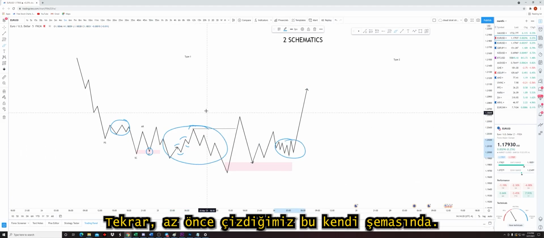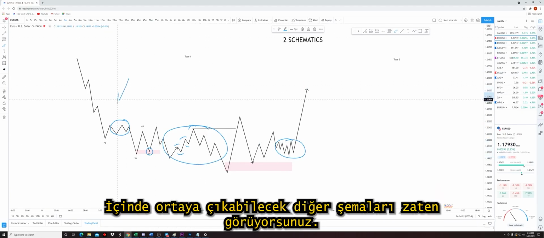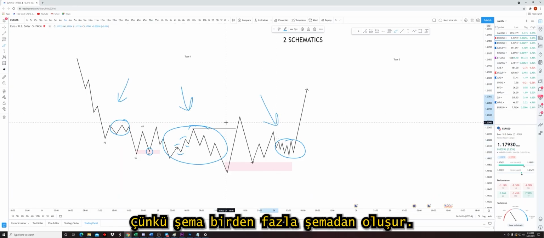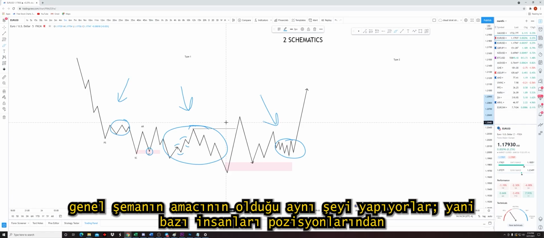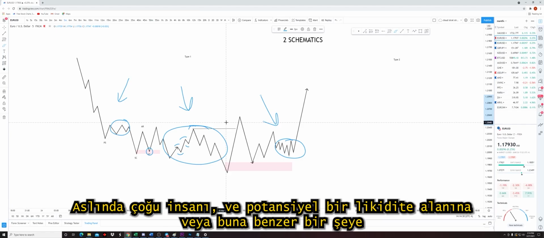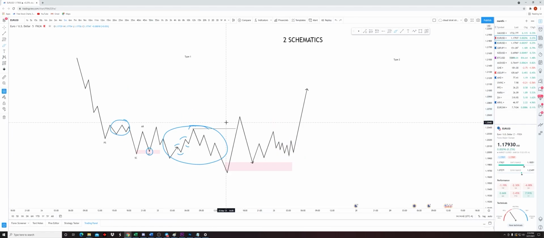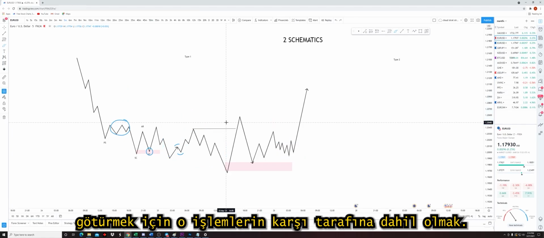Again, in this own schematic that we just drew, you are already seeing the other schematics that can unfold within it, right? Because a schematic is made up of multiple schematics. That's part of it. Because those schematics inside that schematic are doing the same thing that the purpose of the overall schematic is, which is liquidating some people out of their positions, most people actually, and getting involved on the opposite side of those trades to take it to a potential area of liquidity or anything of that sort.